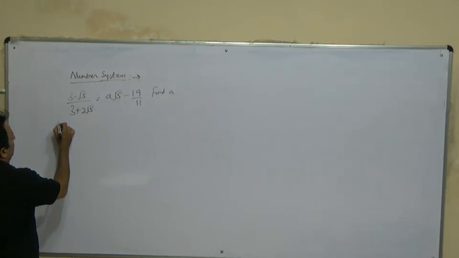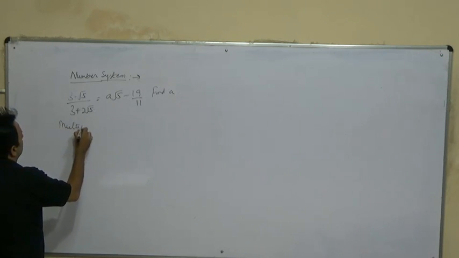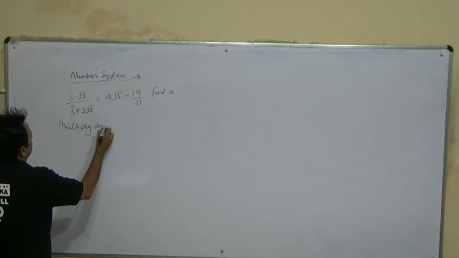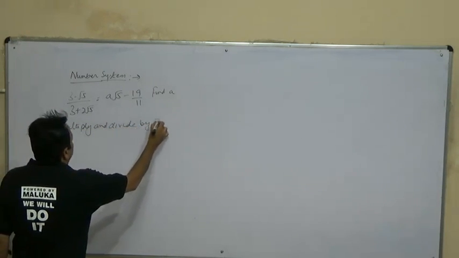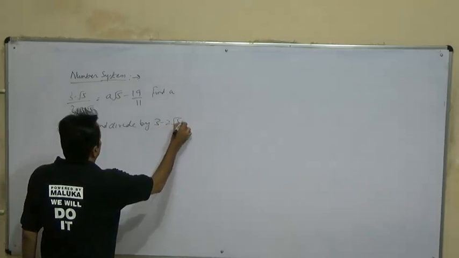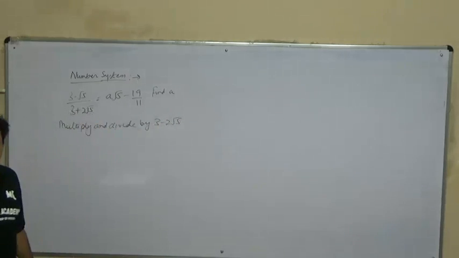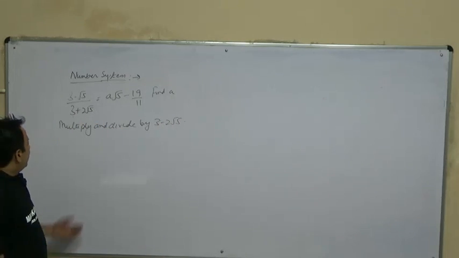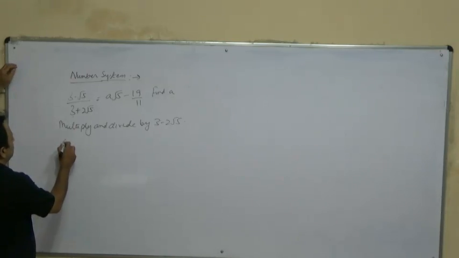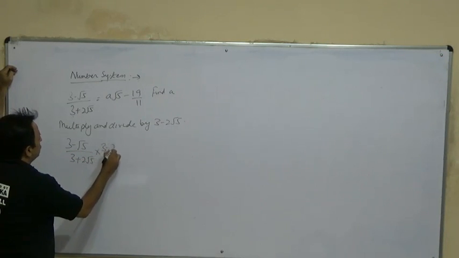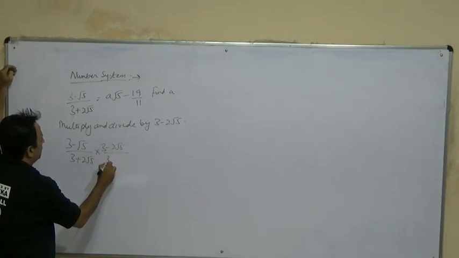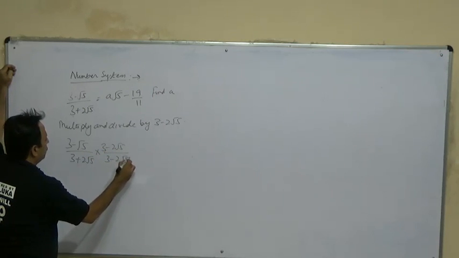So how can we get a here? Taking the rationalizing factor, multiply and divide by 3 − 2√5, because here we have 3 + 2√5. So we get (3 − √5)(3 − 2√5) upon (3 + 2√5)(3 − 2√5).